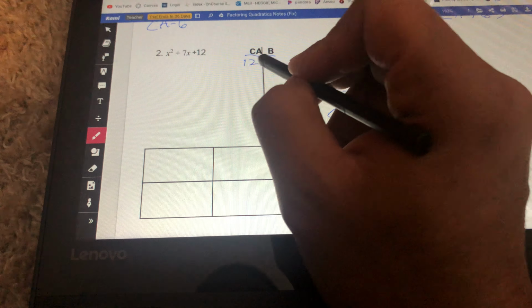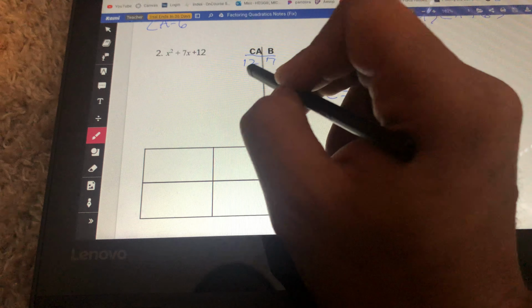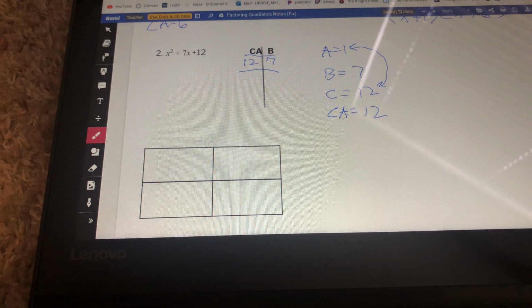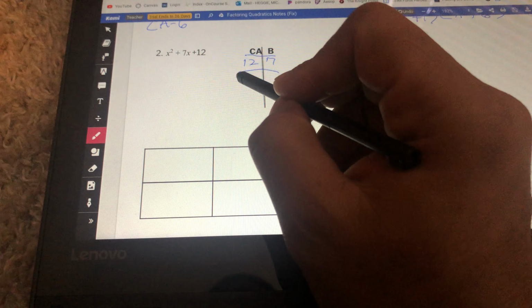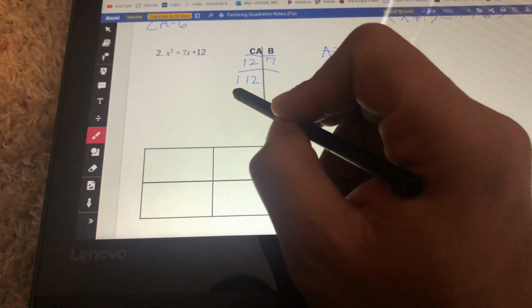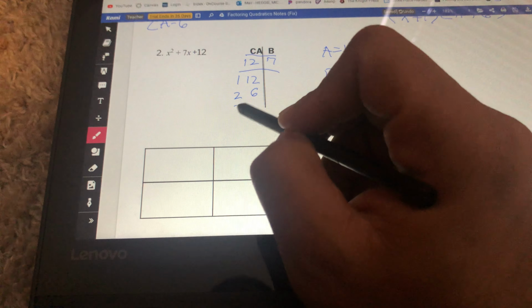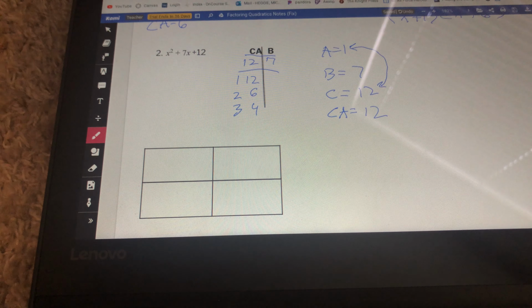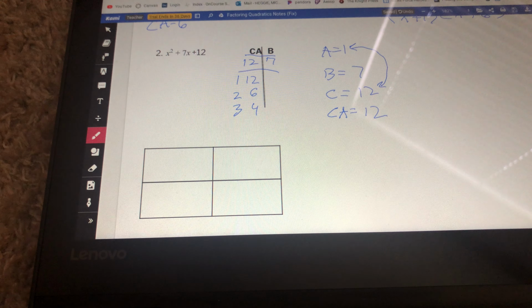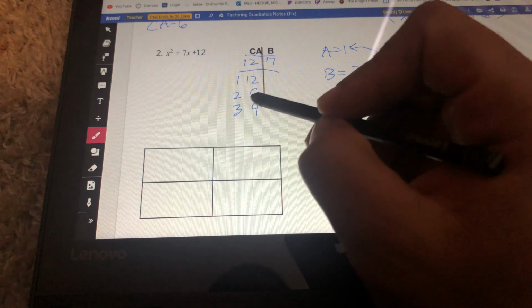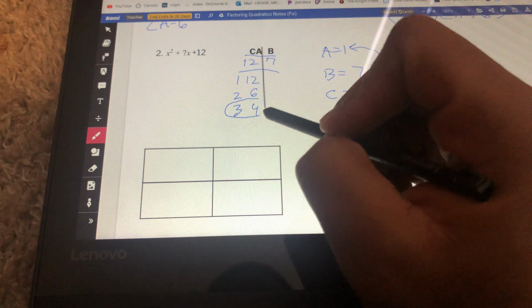Then I want the factors of 12 that add up to equal 7. We get 1 and 12, 2 and 6, 3 and 4 as my factors of 12. Which one of those pairings can add up to equal 7? Well, you get 3 and 4.